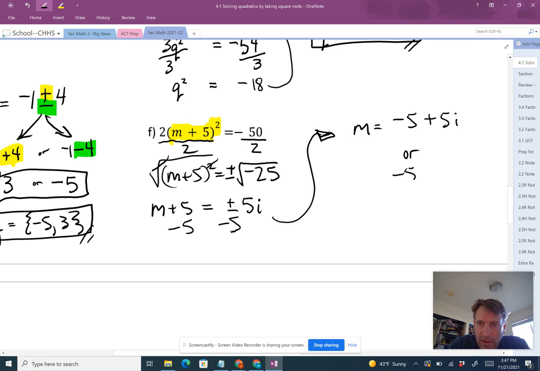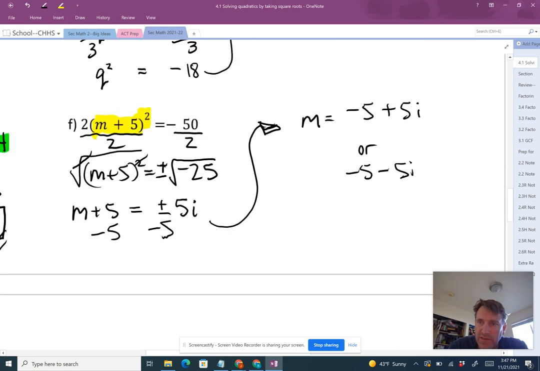or negative 5 minus 5i, and that is perfectly okay in this case because there's nothing that you can do to combine negative 5 and 5i. You can't combine the real and the imaginary parts. This is the real part, and this is the imaginary part. So I can't simplify that any further.